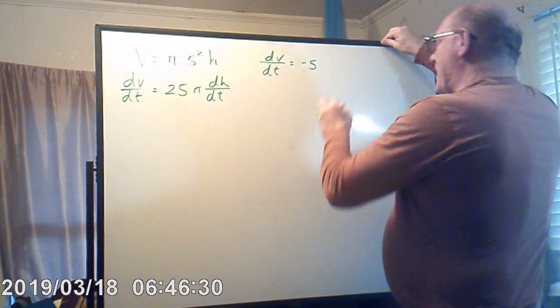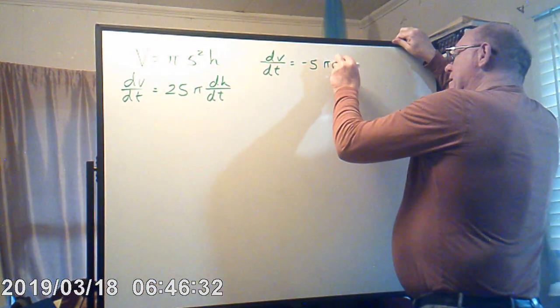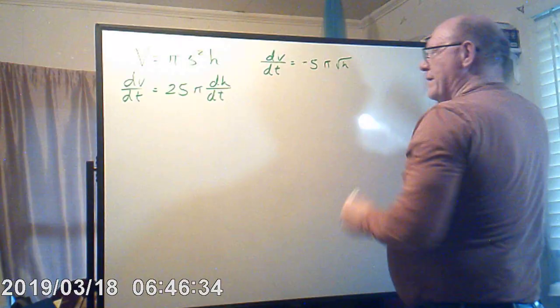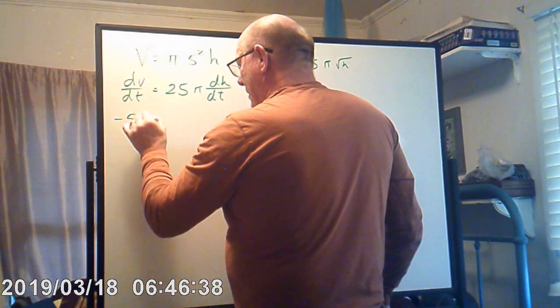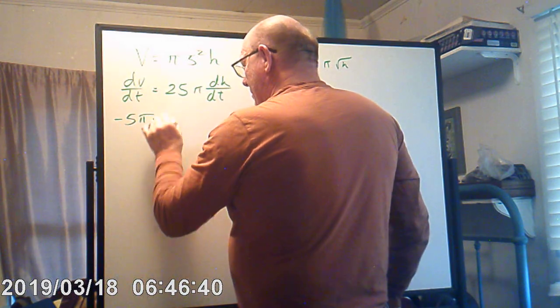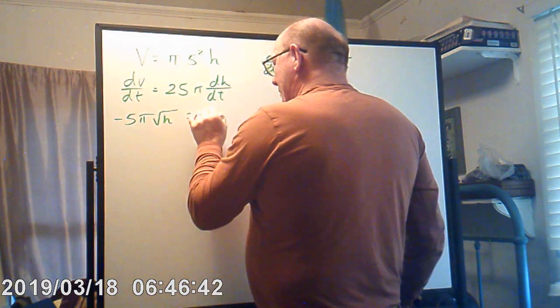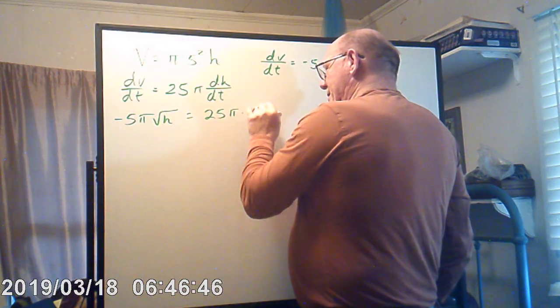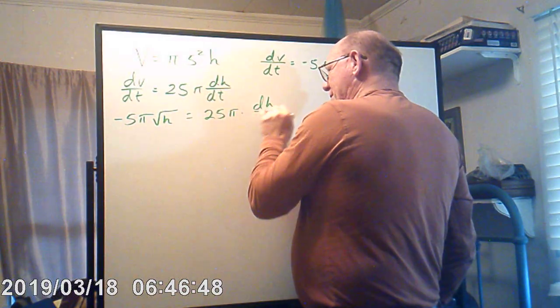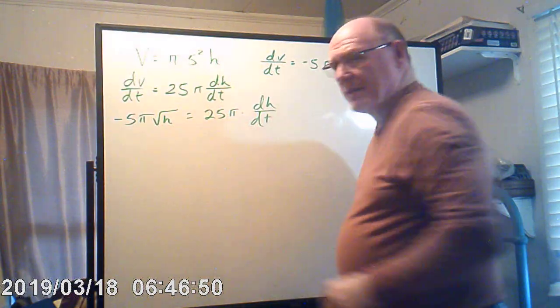Let me see what it says. Negative 5 pi square root of h. Alright, so on this side we have negative 5 pi square root of h is equal to 25 pi times dh over dt. You'll see that?